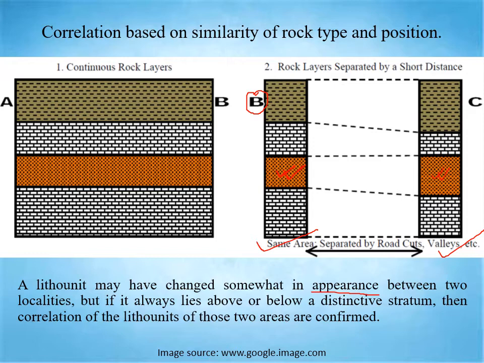Now our job is to go for correlation and try to find out whether these orange color sandstones are equivalent or not. From the lithology you can see that they are identical. So now the second part of the correlation is whether they were deposited during the same time interval or not.